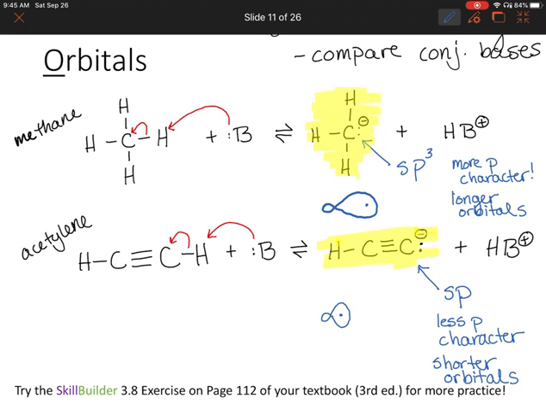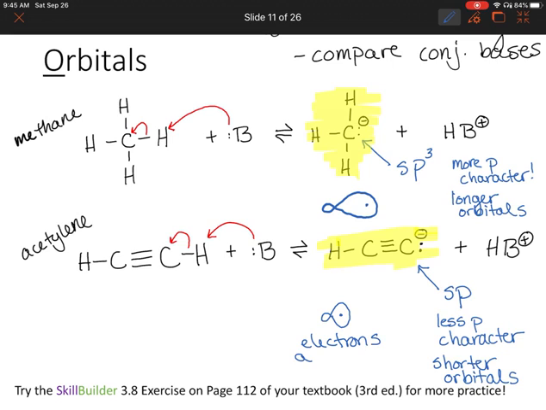Or would it be further away? So if you have an electron in an sp3 orbital, that electron can be farther away from the nucleus. But if we look at an sp orbital, that electron is going to be much closer to the nucleus on average.